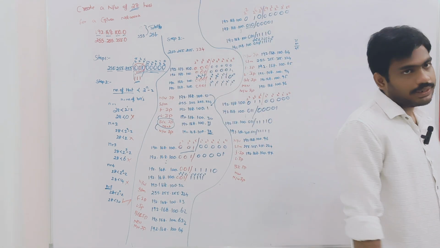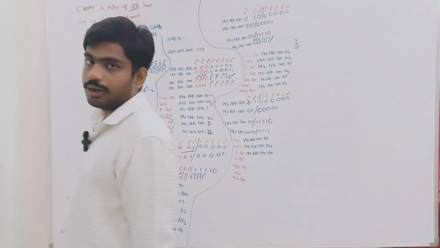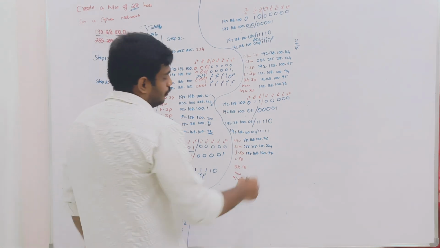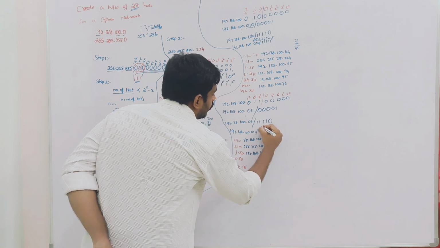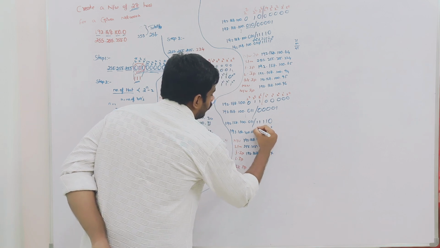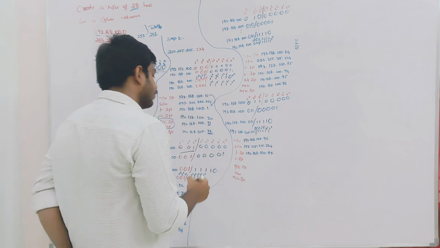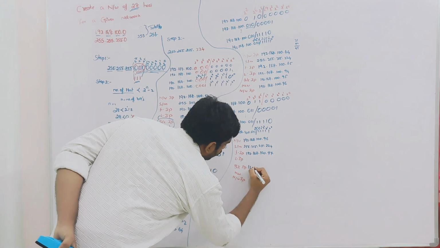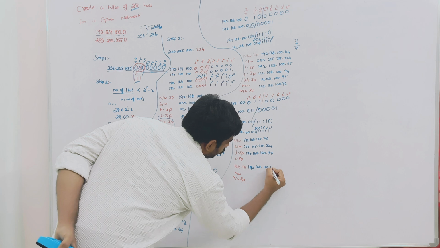What will be your broadcast IP? Once you find the broadcast IP, you have the advantage that you can get the last IP and the new network IP. So how do we get the broadcast IP? You multiply 2 power 0, 2 power 1, 2 power 2, 2 power 3, 2 power 4, 2 power 5, 2 power 6. So 127. So broadcast IP will be 192.168.100.127.